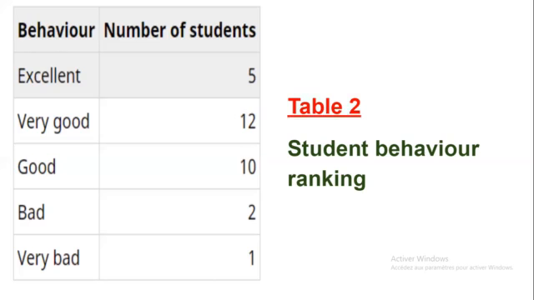That should include the code set used for each categorical variable. For instance, categories used in Table 2 could appear as a number from 1 to 5: 1 for very bad, 2 for bad, 3 for good, 4 for very good, and 5 for excellent.